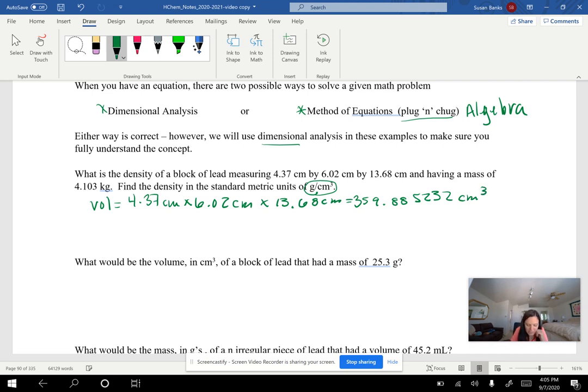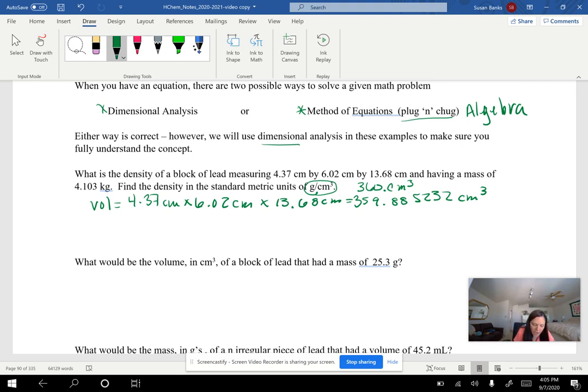Now, in reality, we can really only report 3 digits. So we would say 360 centimeters cubed, but I'm not quite done with my calculation. And because I've got this nice calculator that will hold all of these digits for me, I'm going to keep these digits until I'm absolutely done with my calculation.